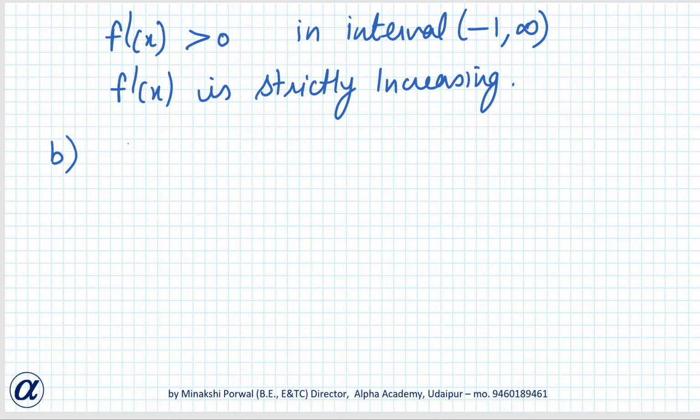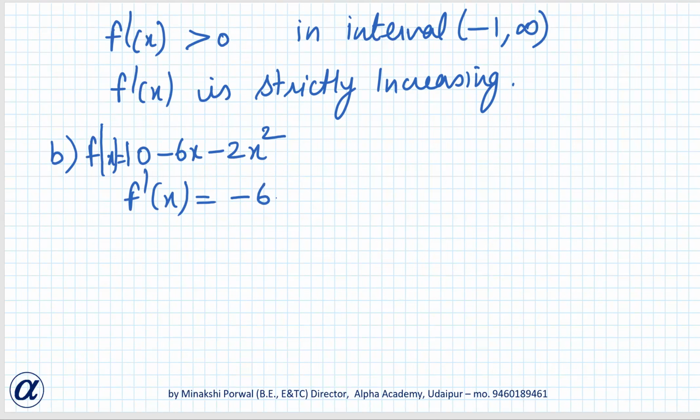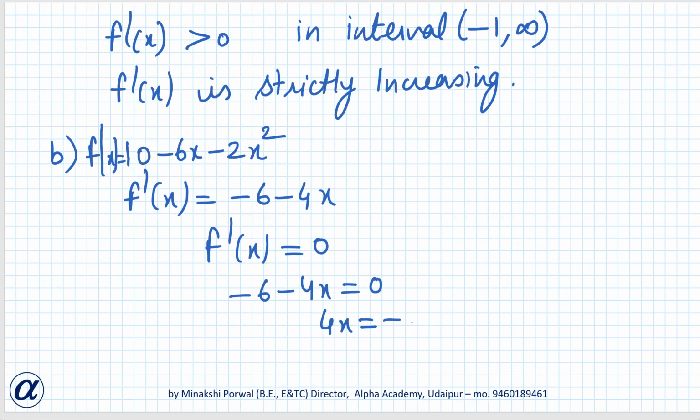Then sixth B part, 10 − 6x − 2x². So we find f'(x), which will be equal to −6 − 4x. When f'(x) = 0, −6 − 4x = 0, or 4x = −6, x = −3/2.